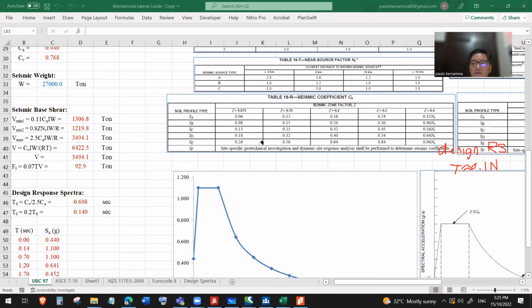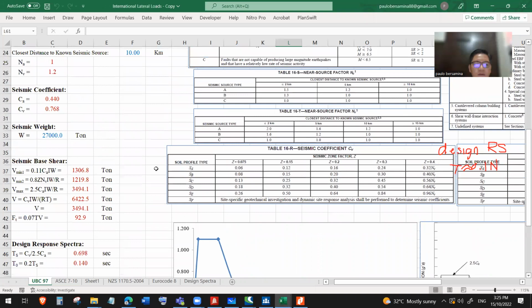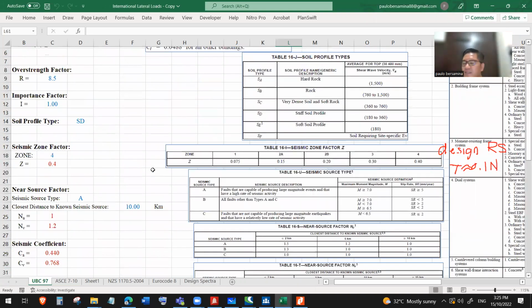So for example, your site is 10 kilometers away from the fault line, type A, and the soil type is a stiff soil profile SD, and under zone 4, so except Palawan and Sulu Tawi-Tawi, that's zone 2.